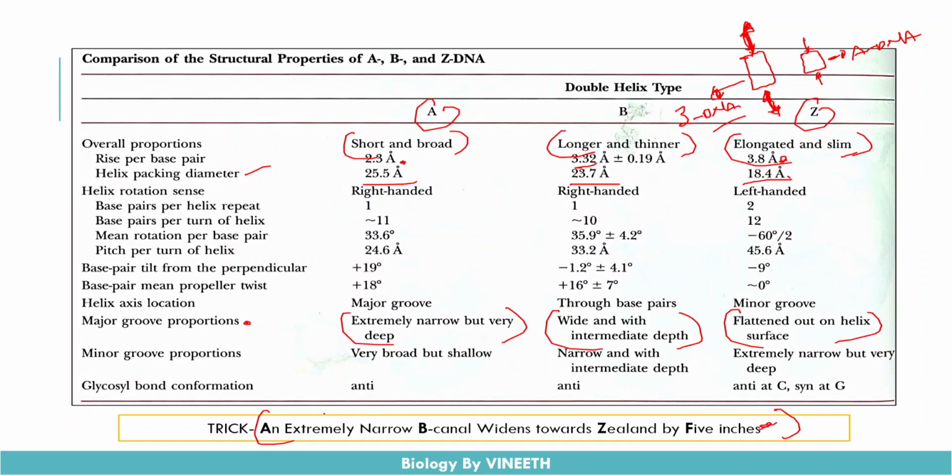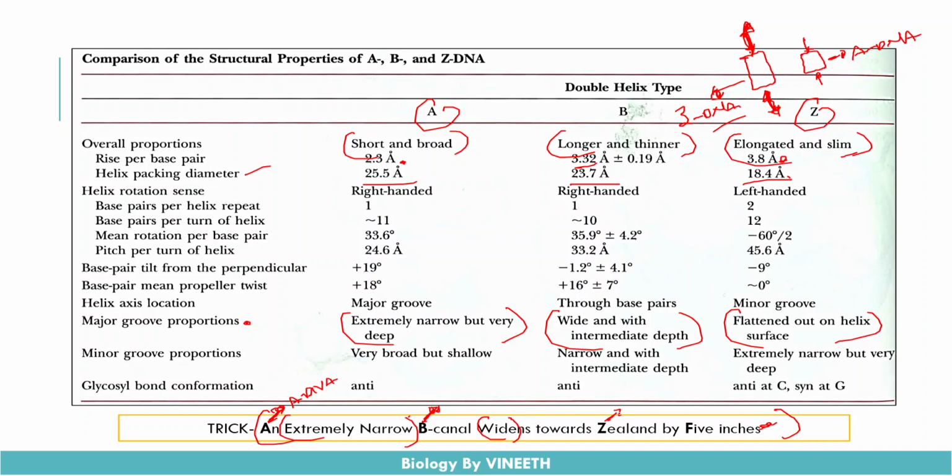Now, what does the trick say? An extremely narrow B canal widens towards the Z line by 5 inches. The first A represents A-DNA, and extremely narrow represents the major groove of A-DNA. The second B, the highlighted B, talks about B-DNA, so B-DNA is wide.